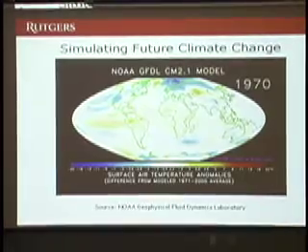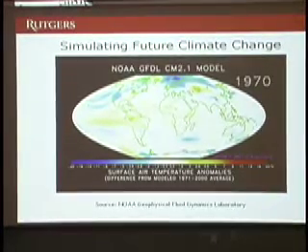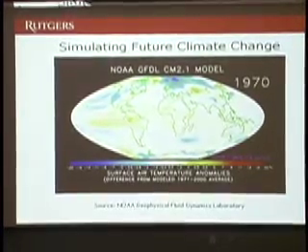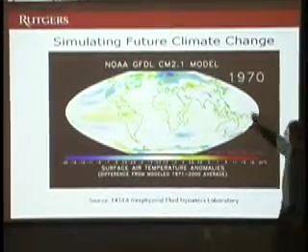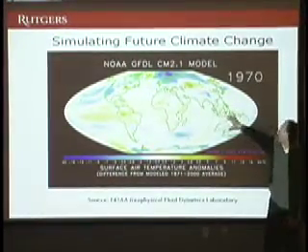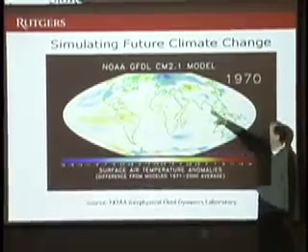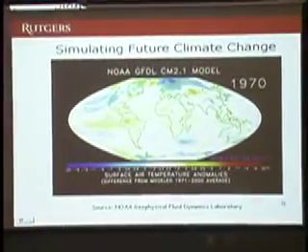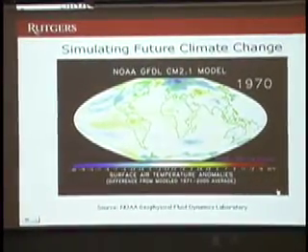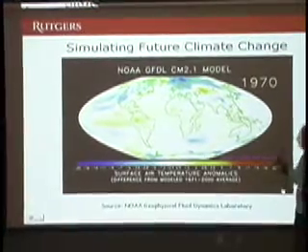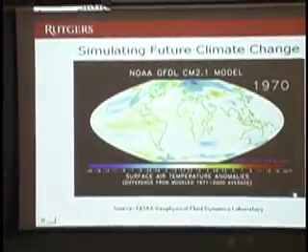An interesting slide here. I'm about to show you a little movie. Before we start the movie, I want to tell you what it is. This is a projection of the changes in temperature from one particular model. It happens to be the model that's run at the laboratory where I used to work down the road in Princeton, New Jersey, the NOAA Geophysical Fluid Dynamics Laboratory.